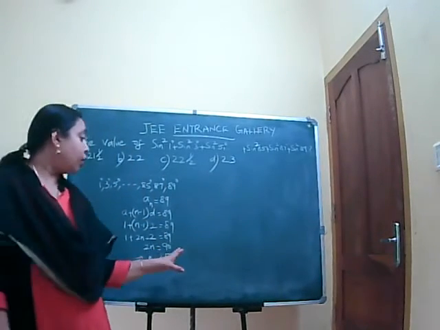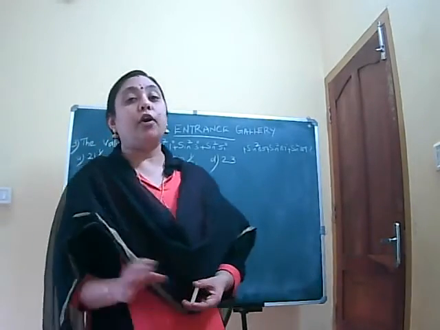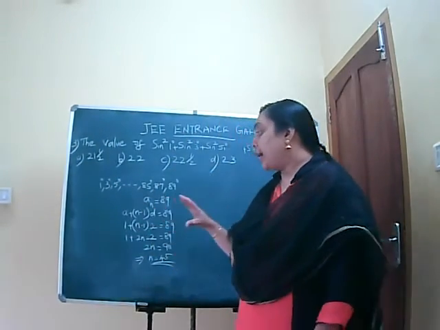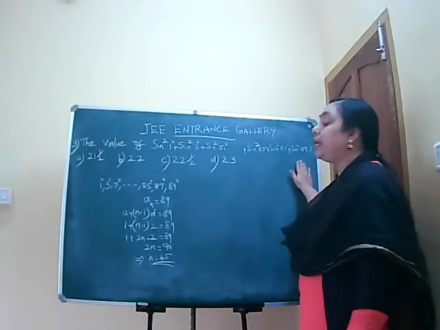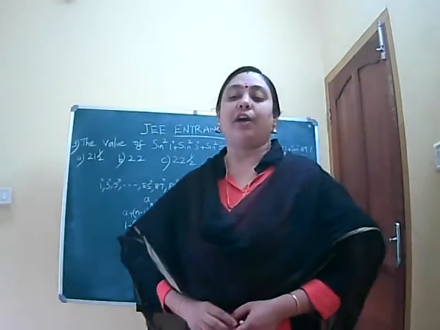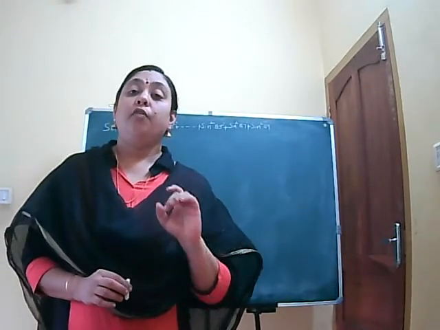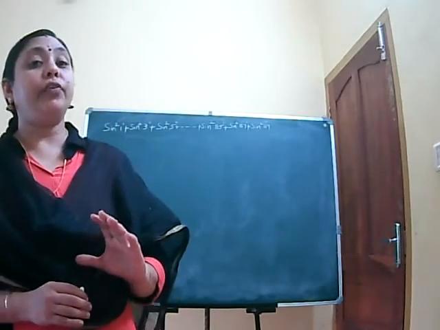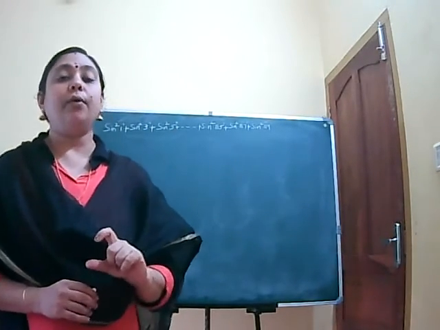So the number of terms in this arithmetic progression is 45. So we can surely say that the number of terms in this expression is also 45.